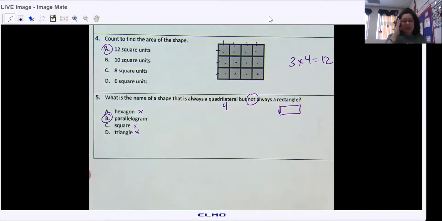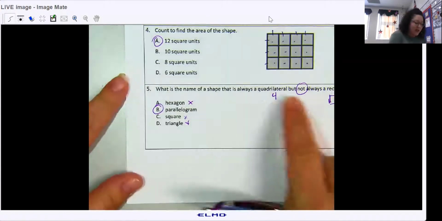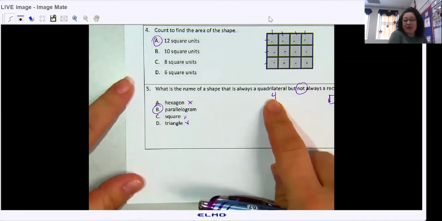With the geometry stuff, I know sometimes that can be tricky. But if you go through each one, it's called process of elimination. You take out the ones that you know are way wrong. Then it helps you figure out, oh, there's 2 maybes. Then I can really think about my maybes, okay? Because right away, hexagon and triangle, we know loser because it says quadrilateral, so it has to have 4 sides.